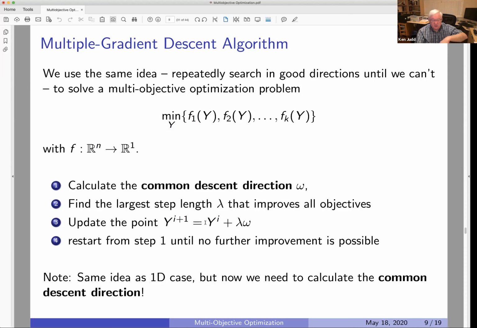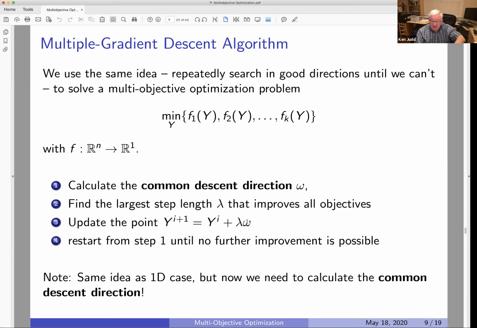So we're at some point y_i. We find some common descent direction omega, and then we keep searching in this direction, keep increasing lambda, and we keep doing that as long as all the objectives are falling.